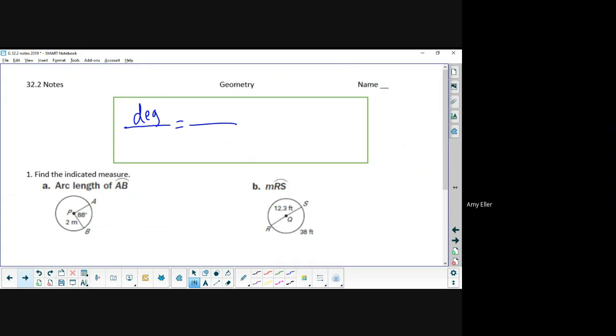So look at how many degrees you have. That will always be a fraction of the total degrees, the whole circle, which is always out of 360. Then I will be able to find the arc length.